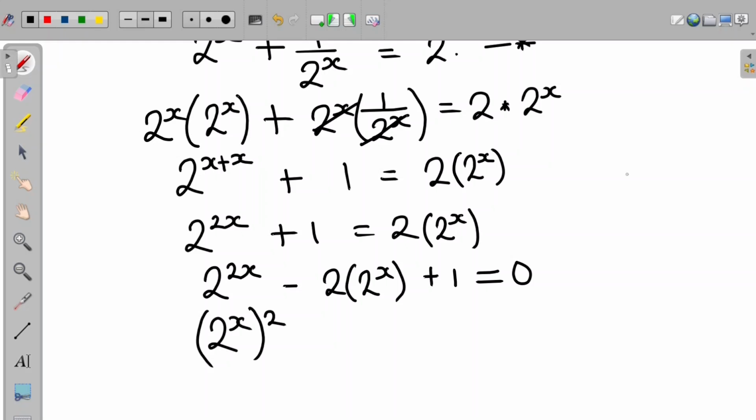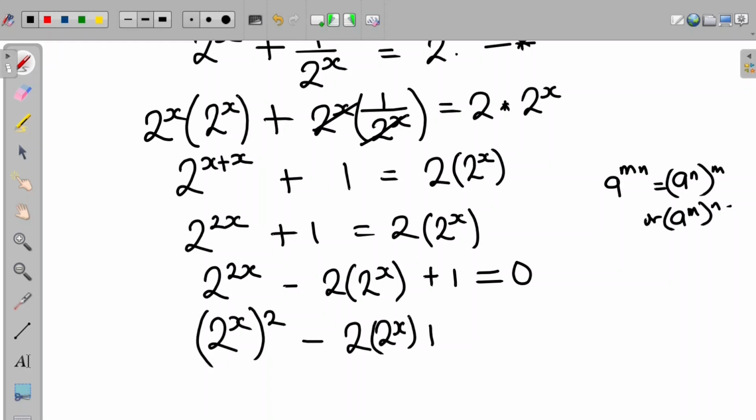This is because, note that if I have a to the power of mn, this can be expressed as a to the power of n or to the power of m, or a to the power of m or to the power of n. So on that note, we have this minus 2 multiplied by 2 to the power of x, all enclosed in a bracket, plus 1 equal to 0.